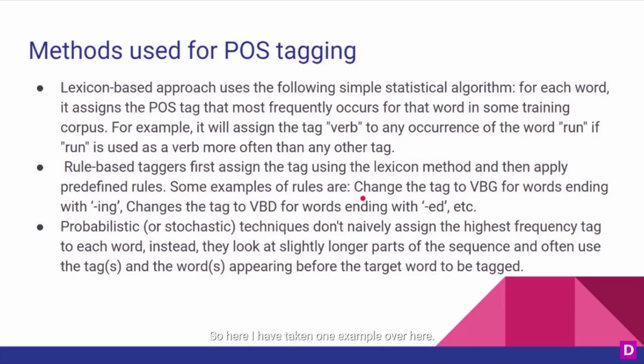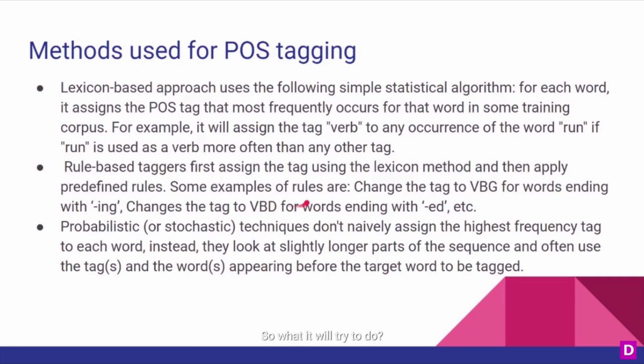So here I have taken one example. Suppose it has tagged a word already as a verb or a noun, then if it is in a second iteration, it will change the tag to VBG for the words ending with the term ing, and change the tag to VBD for the words ending with the term ed.